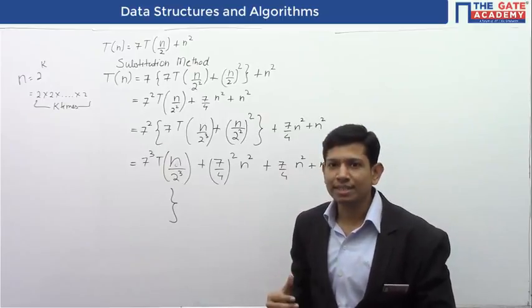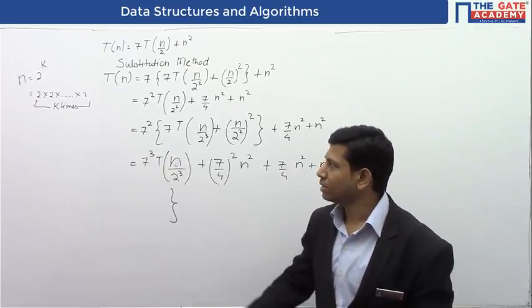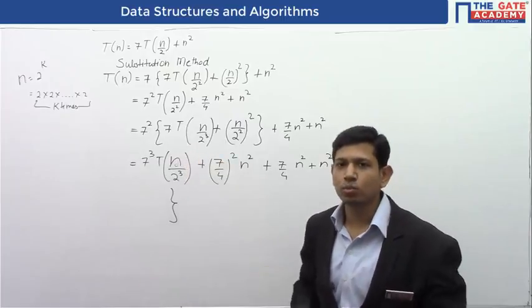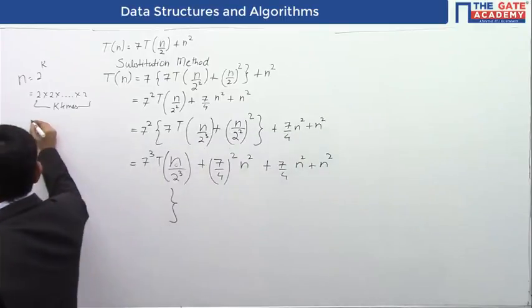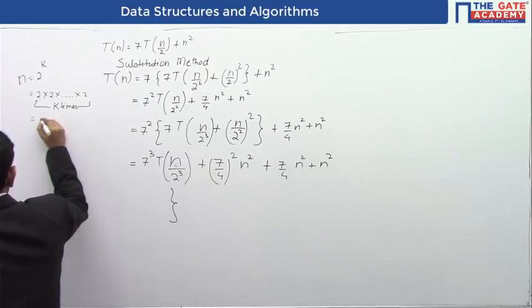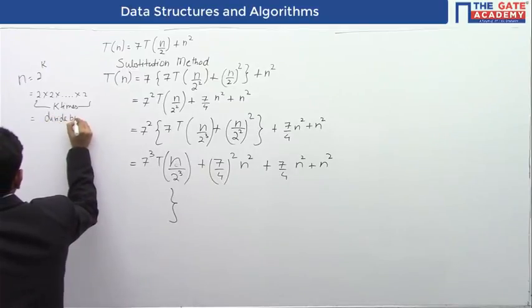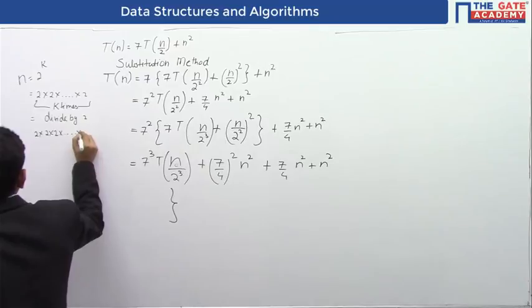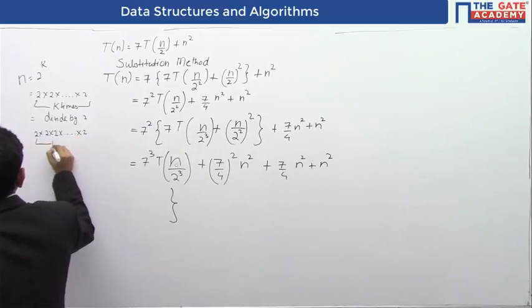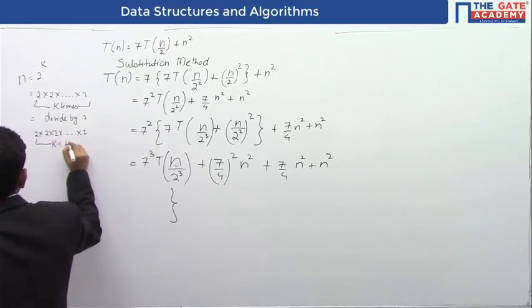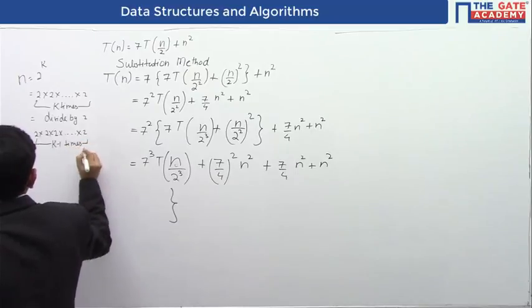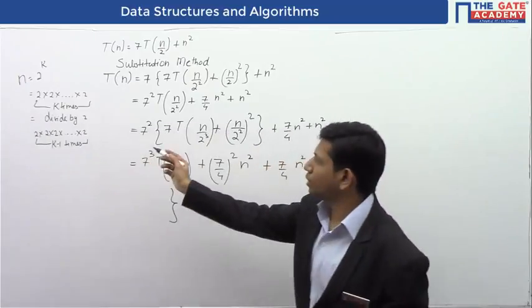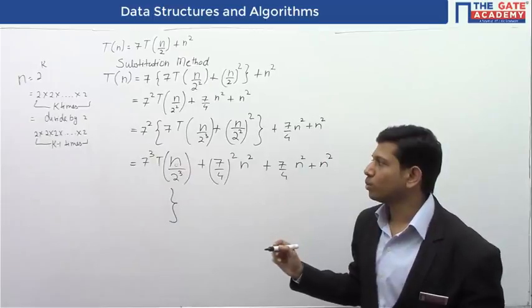Now, when we divide this expression by 2, what does it become? 2 into 2 into 2, k minus 1 times.